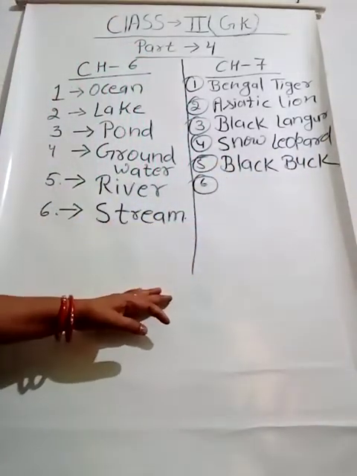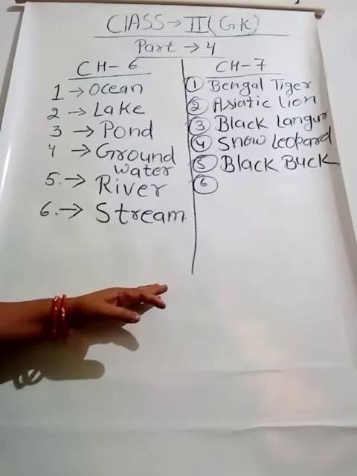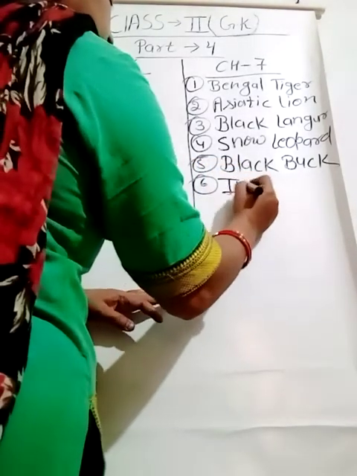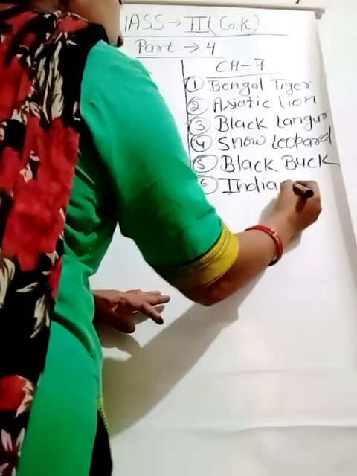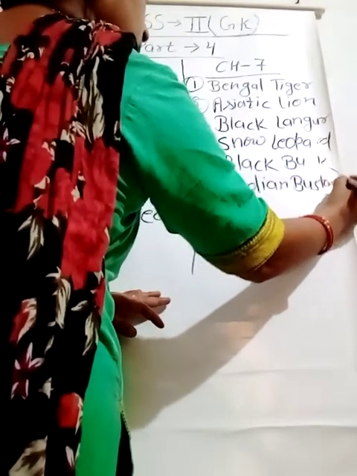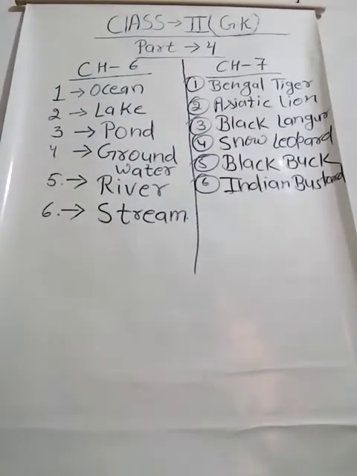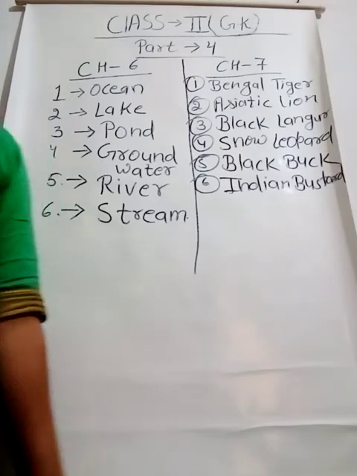In number 6, look at the picture. What is it? It is the Indian bustard.